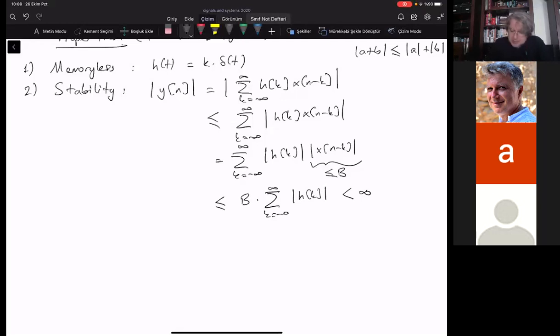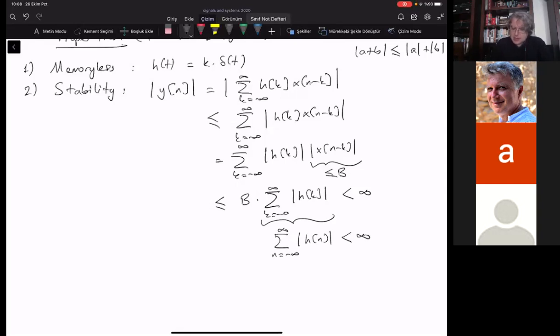How can that happen? This happens if this portion, which can also be written as the summation n from minus infinity to infinity of the absolute value of h of n, is finite.